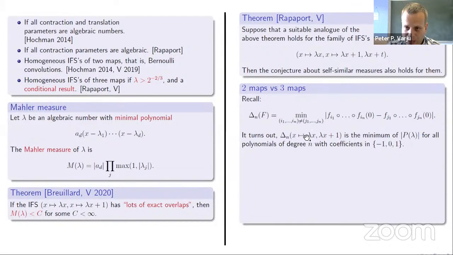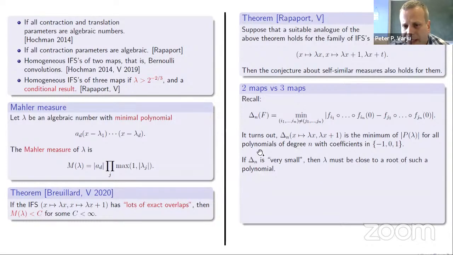So if you take the iterated function system with 2 maps, then you can work out what this definition is. And so this thing whose minimum you are taking will be equal to a polynomial evaluated at lambda. Lambda is the parameter that parameterizes the iterated function system. And you need to run this minimum over all polynomials of degree n whose coefficients are in the set -1, 0, and 1.